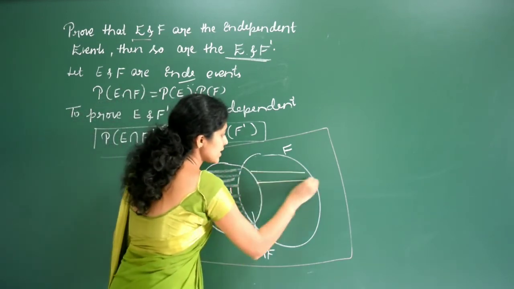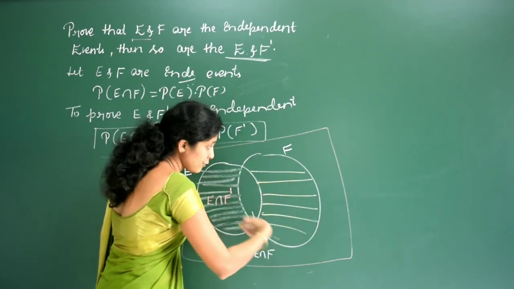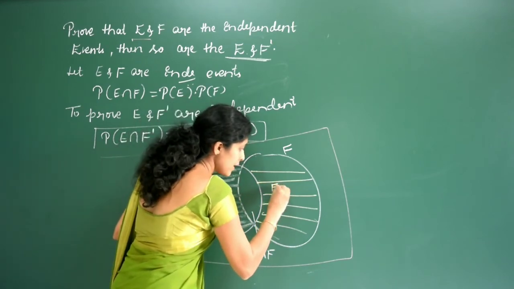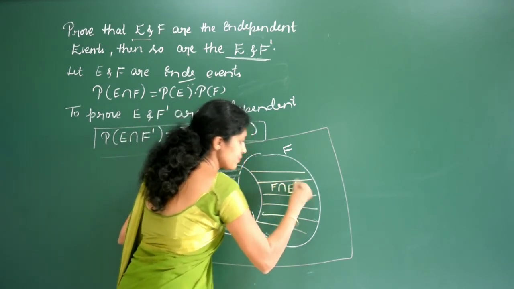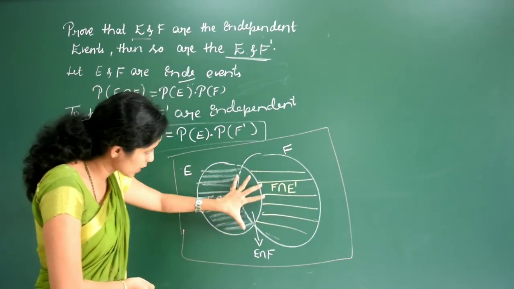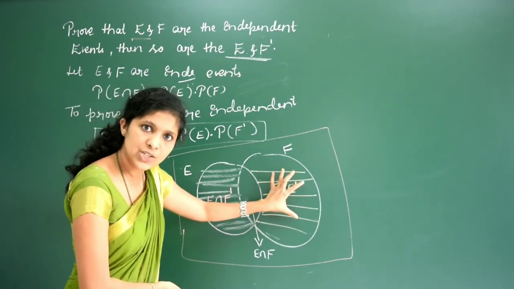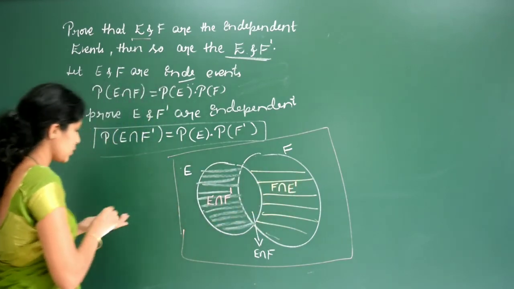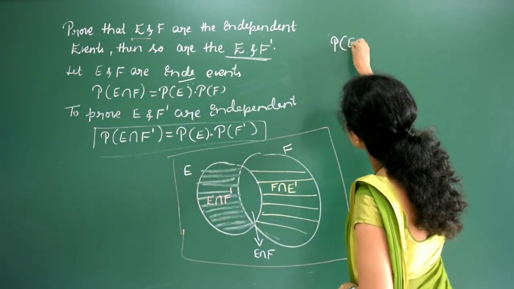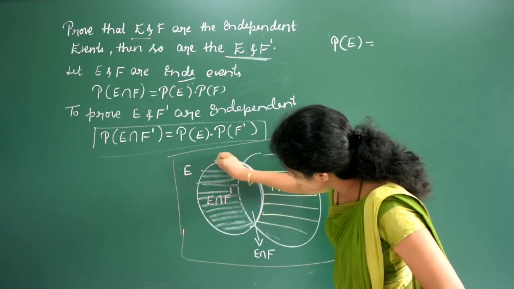Similarly, here this one, what can we write? This is now F intersection with E dash, right? Clear? F, this one, intersection with E dash, we have to leave this one and everything. So the common part will be F intersection E dash. Now by using this one, we can write P of E. What is P of E? This is now P of E, right?